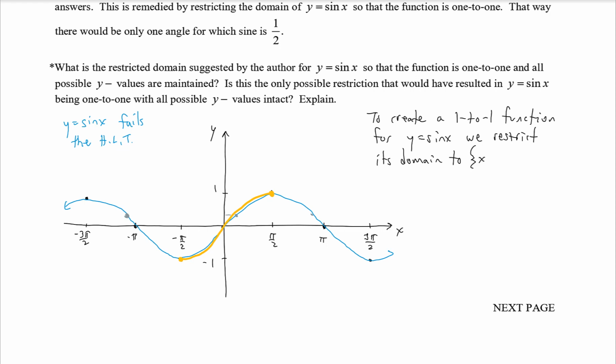We restrict its domain to be all x that go from -pi over 2 up to pi over 2 instead of all real numbers. Okay, and that's what I've got. That's what I've got in orange in my graph.